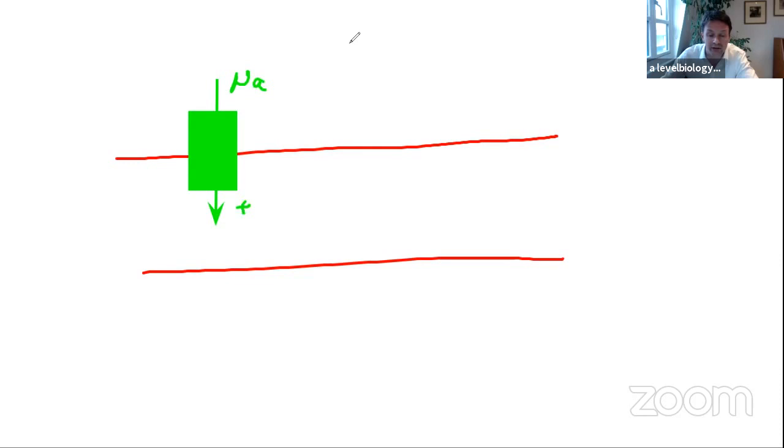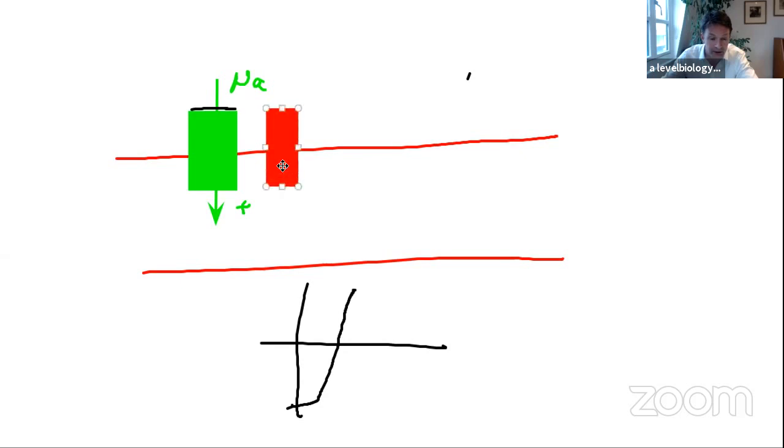Then, after the sodiums have come in, remember we've been over the threshold level, sodiums come flooding in, then the sodium channels close. And the next thing is that voltage-gated potassium channels open. So these voltage-gated potassium channels respond to the peak of the action potential here.